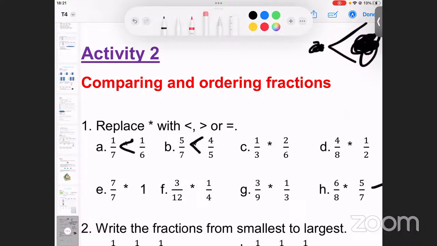I think it's going to be greater than. Why are you saying greater than? Because here it's 1/3 and 2/6, because by 1/3 we're sharing 3 things to 1 person.